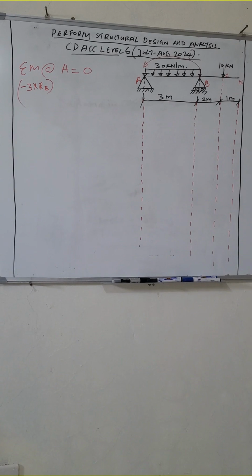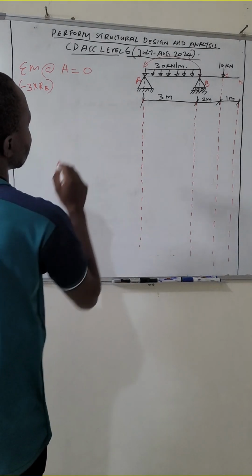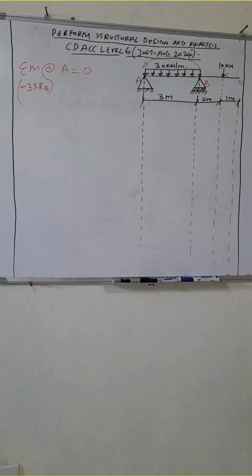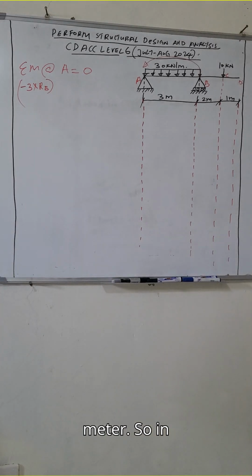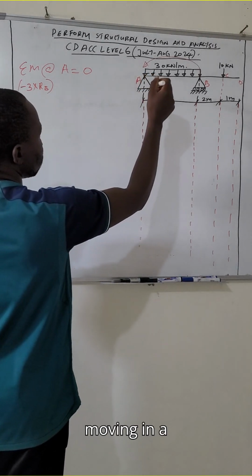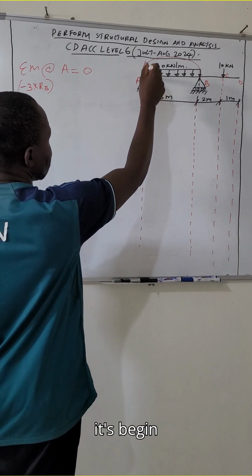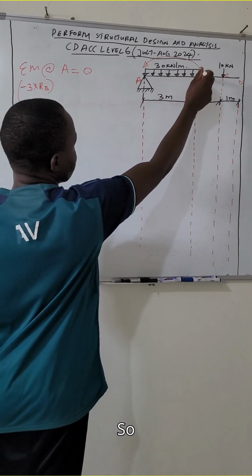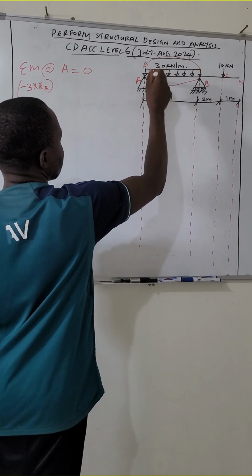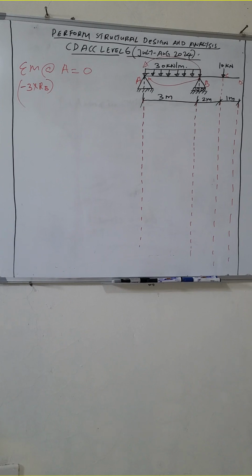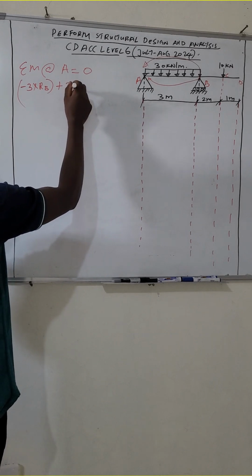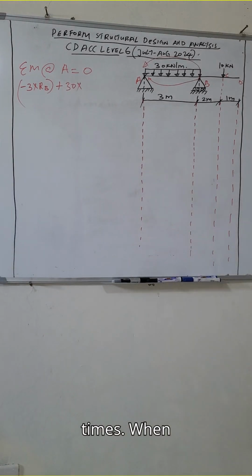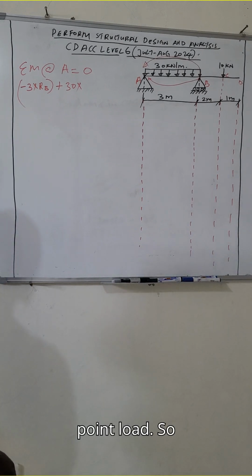After that, you go to the nearest force to point A, which is a UDL of 30 kilonewton per meter. In which direction is this UDL moving in reference to point A? It begins from here and ends here, that way. So that is the clockwise direction, so it's a plus 30 times. When you are working with a UDL, you first convert it to a point load.